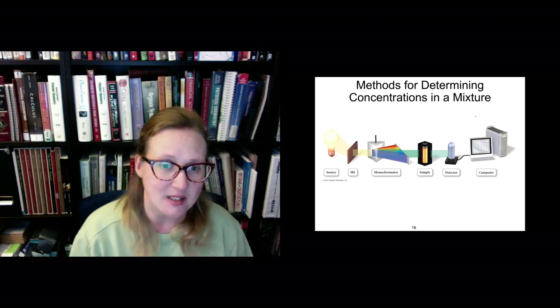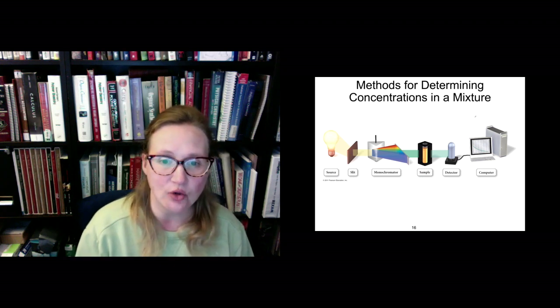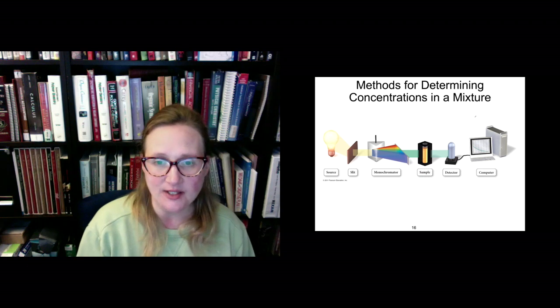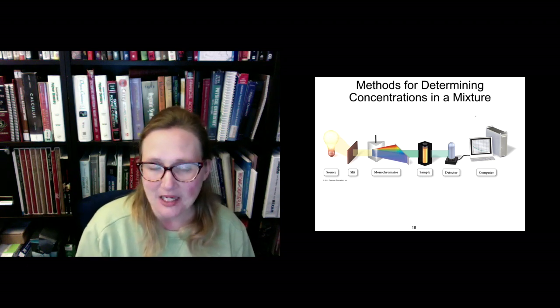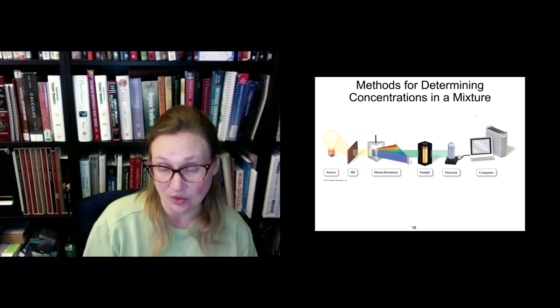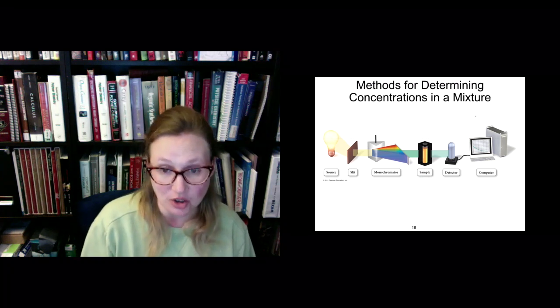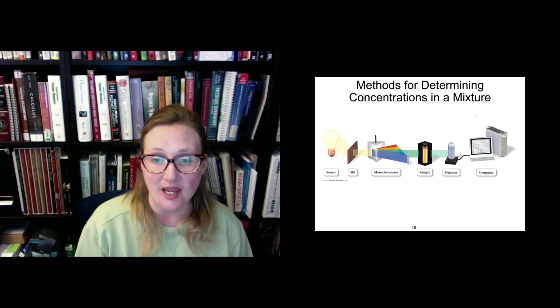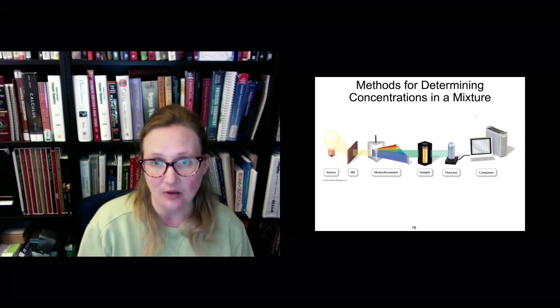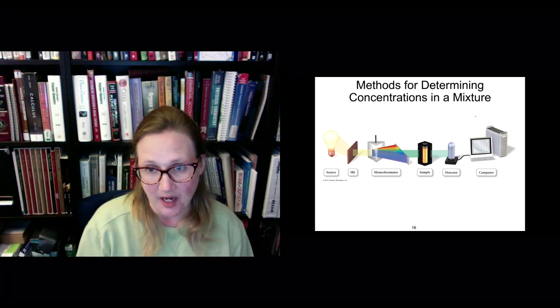And it's those individual wavelengths that are going to go through the sample. And here the sample is going to either absorb light or let light pass through, depending on its chemical composition or electronic structure. And then we can detect the amount of light that's absorbed.